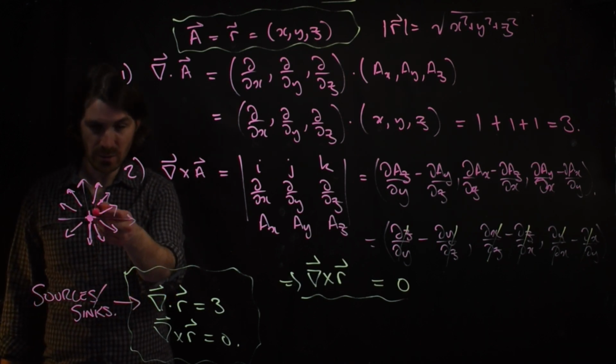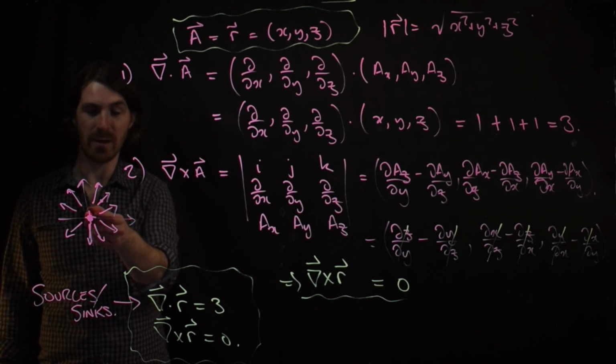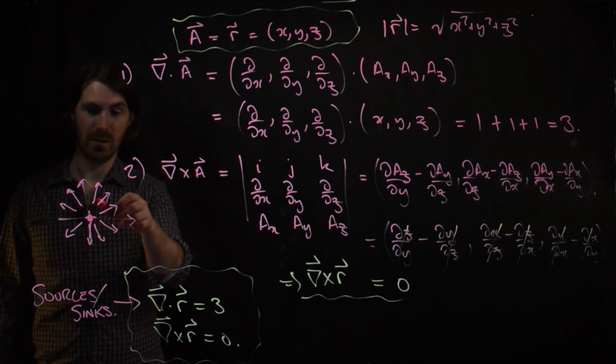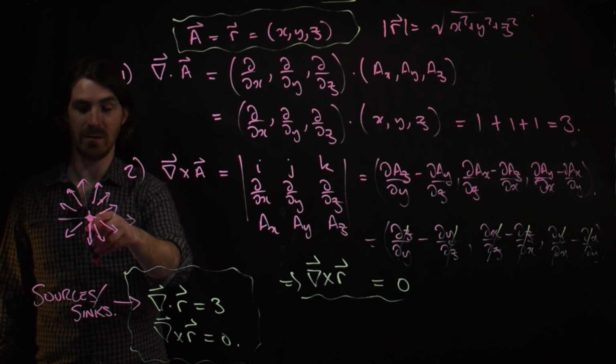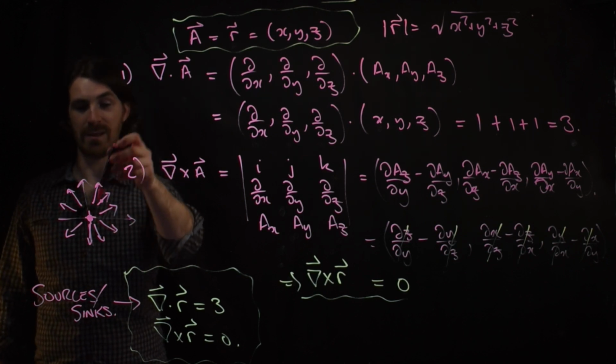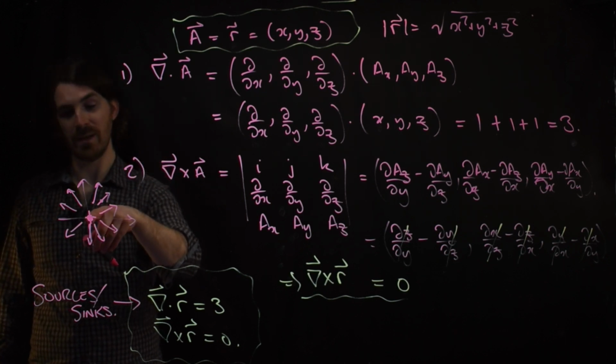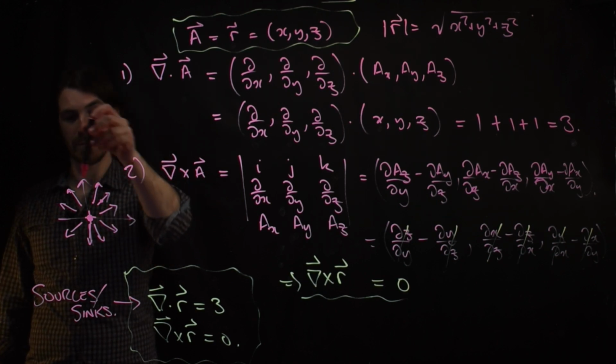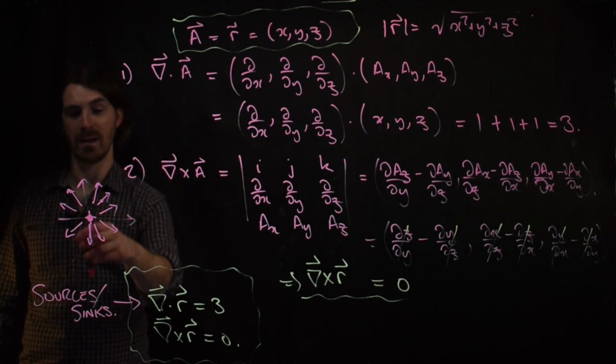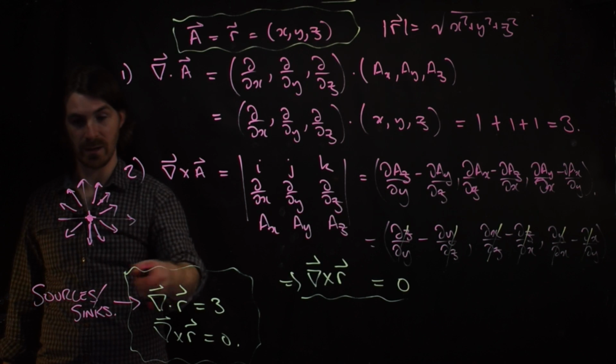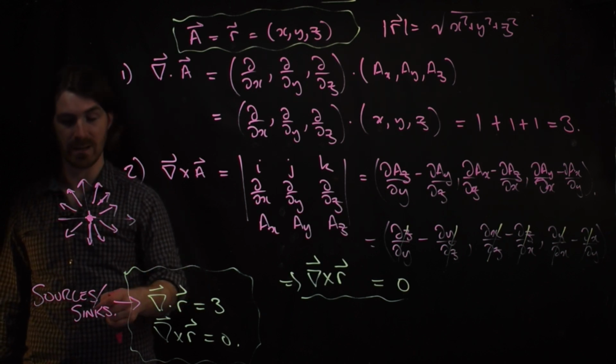If you change the sign of the charge and make it a negative charge at the origin, then a positive charge is attracted towards that charge. So the electric field lines of a negative charge will be the opposite way, and the divergence in that case will be -3, or less than 0.